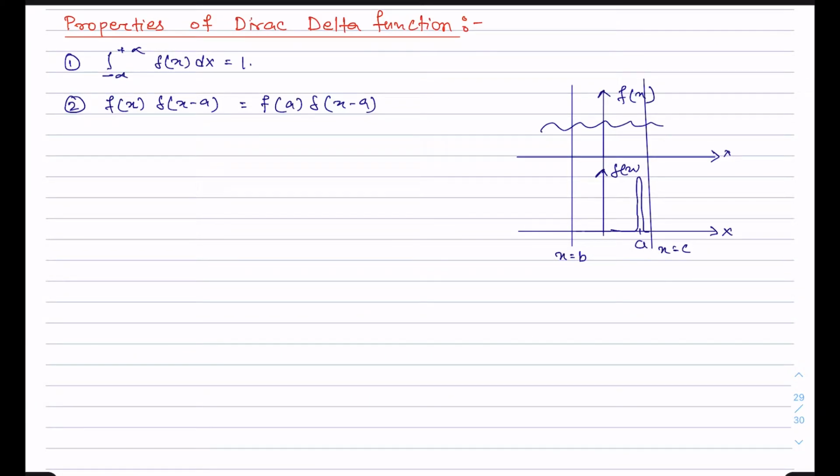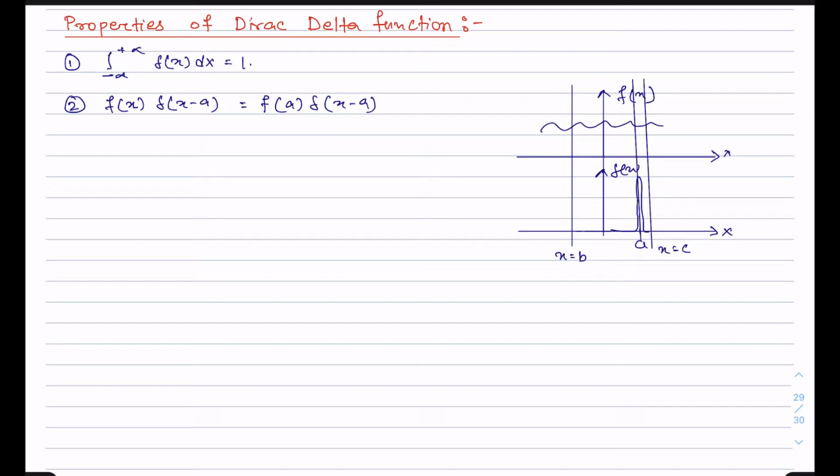So if you multiply delta(x) with f(x), you will always get 0, so there will be no value. But for x equals a, there will be a peak, and if you multiply delta(x) with f(x), its value will not be 0.